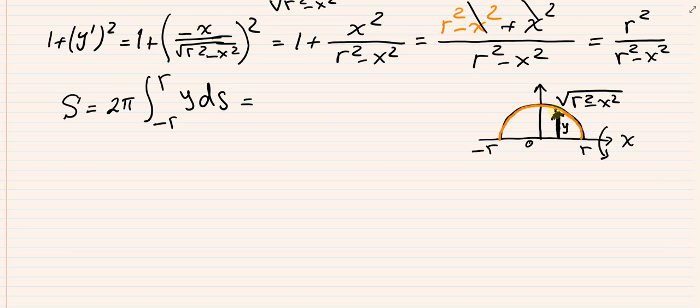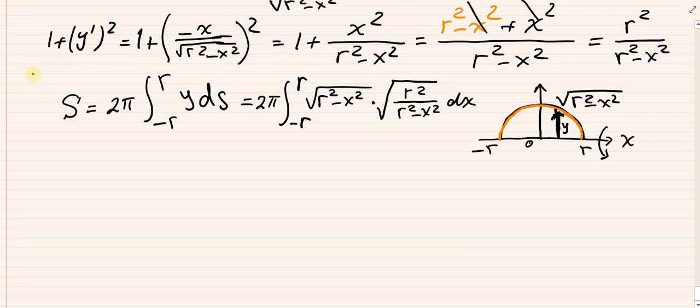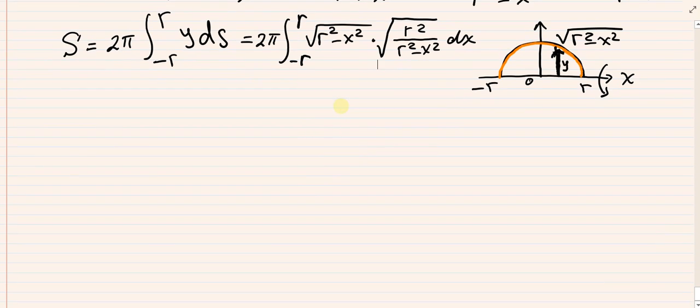Okay, and this is going to be 2 pi, negative r to r. y is square root of r squared minus x squared. And ds is going to be the square root, right? It's going to be square root of r squared over r squared minus x squared, and then dx, right? And that's what that is. Okay, one more step. We need to simplify the radicand.